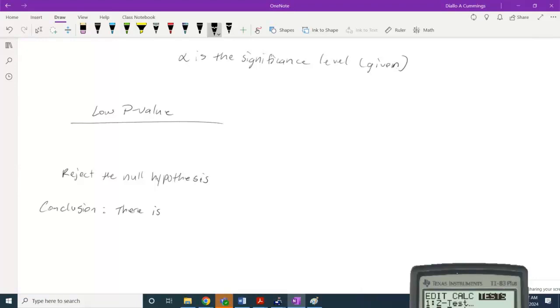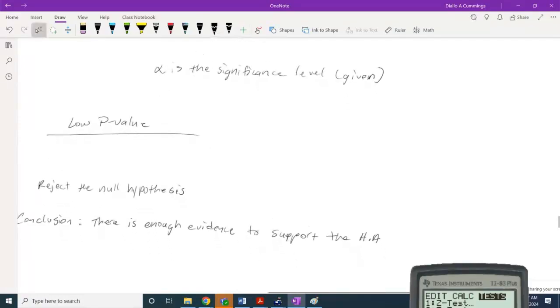There is enough evidence to support the alternative hypothesis. So just some terminologies.